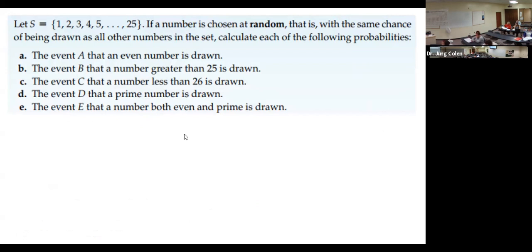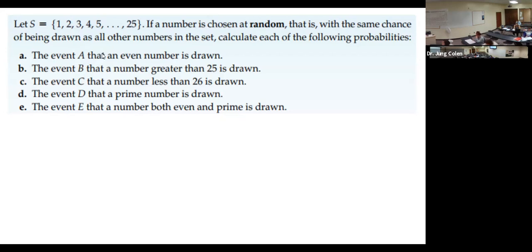So the sample space is 1 through 25, all natural numbers. If a number is chosen at random, that is with the same chance of being drawn as all other numbers in the set. Okay, so nothing is unfair in that situation. Calculate each of the following probabilities. The event A, that an even number is drawn.